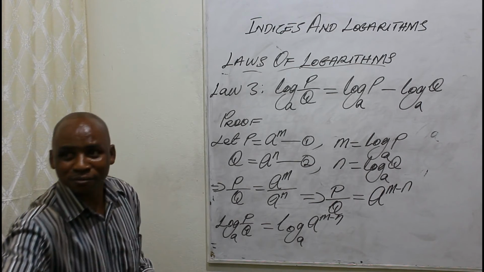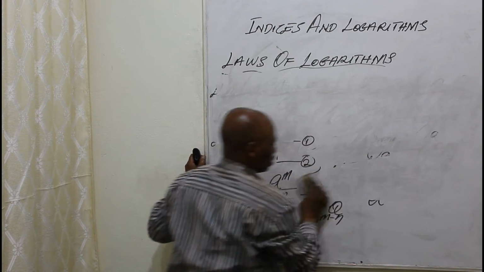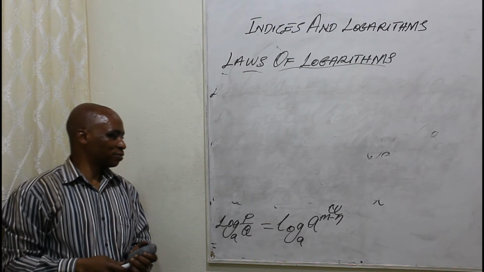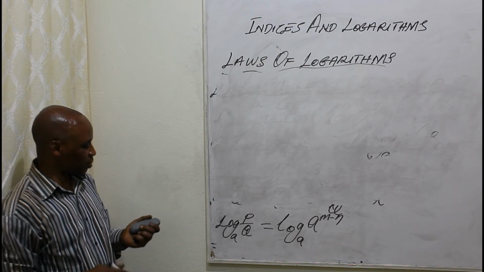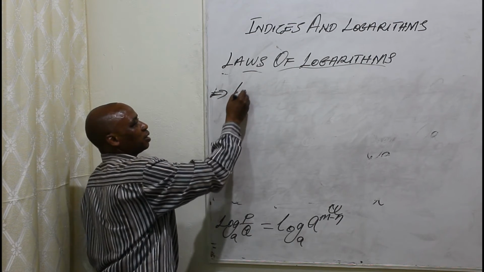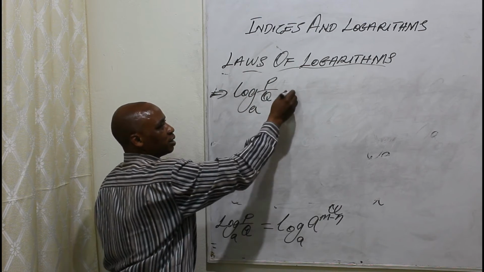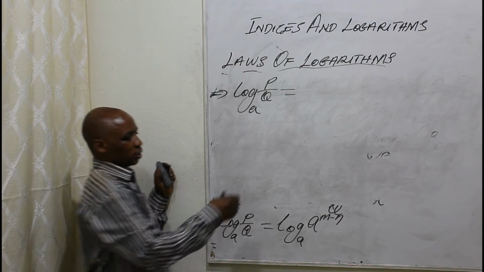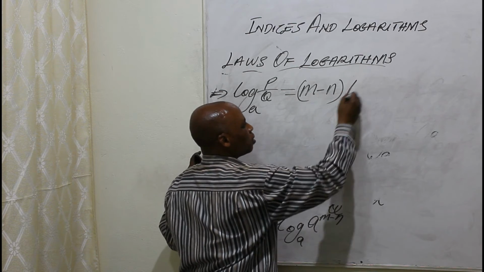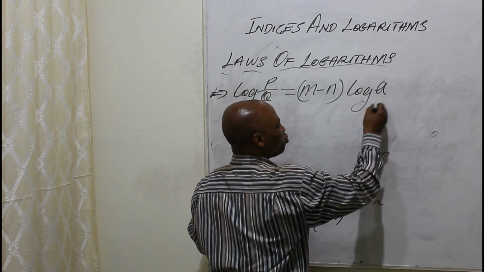Then from here, we apply the first law of logarithms here. And you end up getting the log of p divided by q to base a being equal to m minus n, multiplying log a to base a.